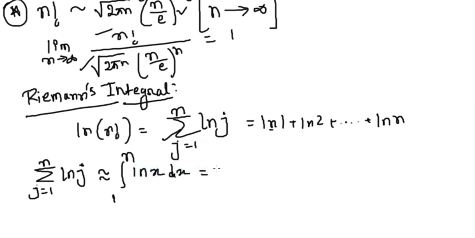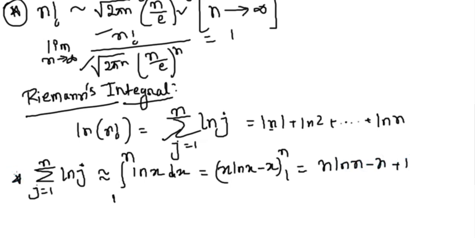Now this is easy. This can be evaluated from 1 to n, which gives you n ln n minus n plus 1.